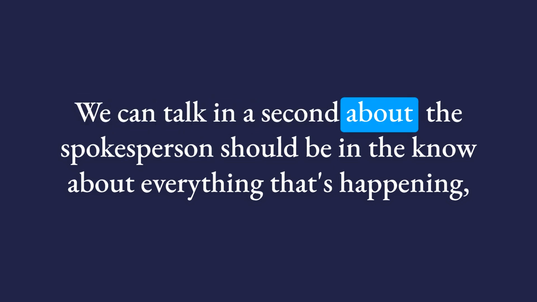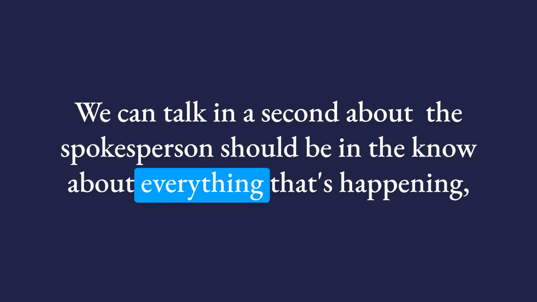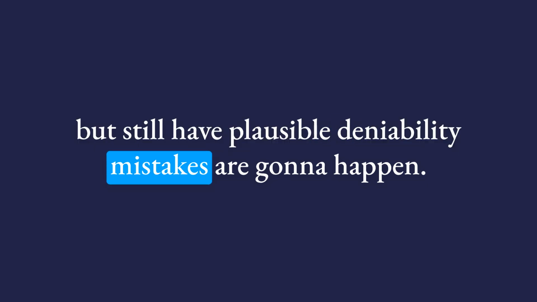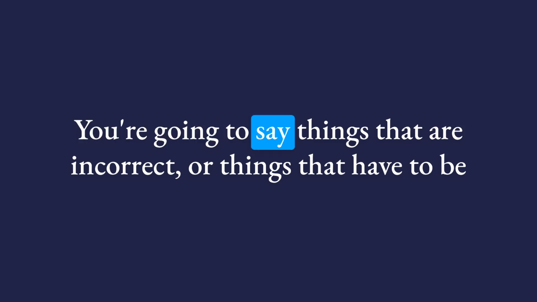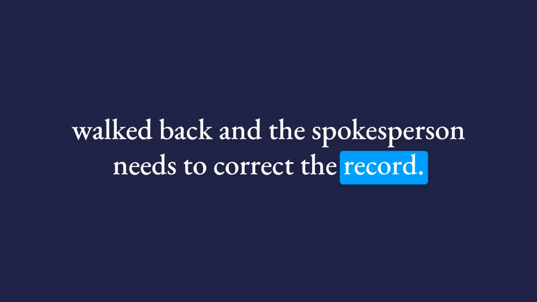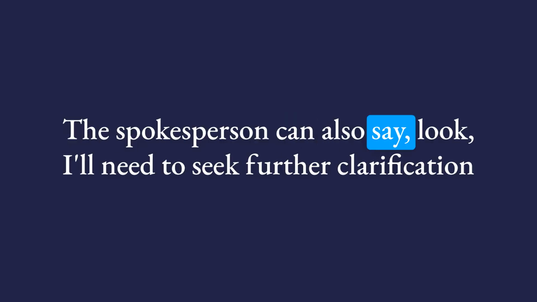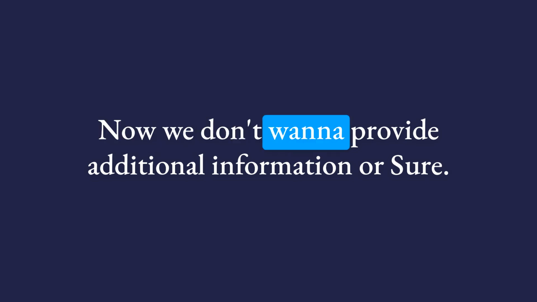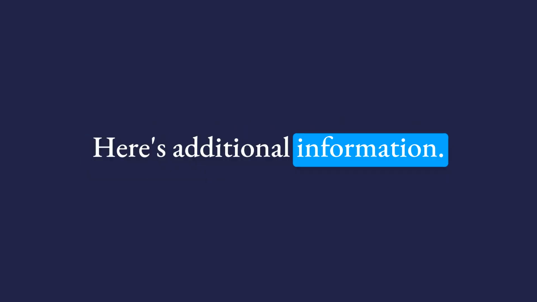We can talk in a second about how the spokesperson should be in the know about everything that's happening, but still have plausible deniability. Mistakes are going to happen. You're going to say things that are incorrect or things that have to be walked back, and the spokesperson needs to correct the record. The spokesperson can also say, look, I'll need to seek further clarification on that, and then can go back and the decision maker, the chairperson, can say, yeah, no, we don't want to provide additional information, or sure, here's additional information.